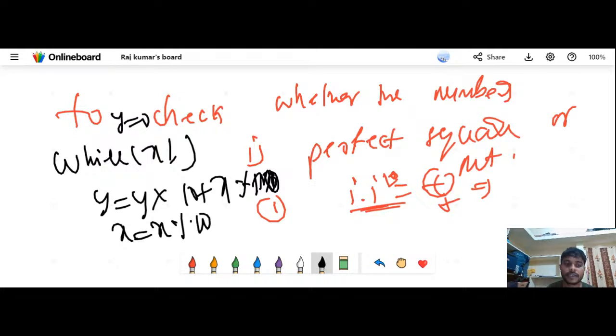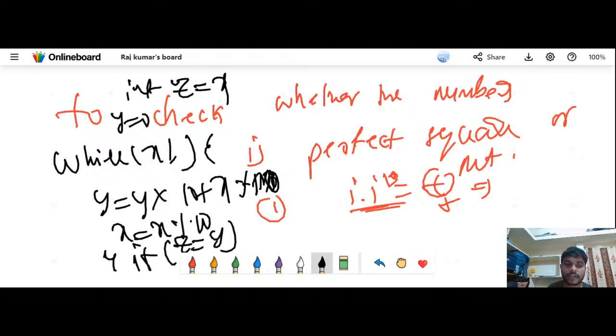We store the previous x in some number z. In this process, it is going to reverse. If the number we get after this procedure, y, is equal to the original number, then we can say it is a palindrome. If it follows these two conditions, then we increase our answer.